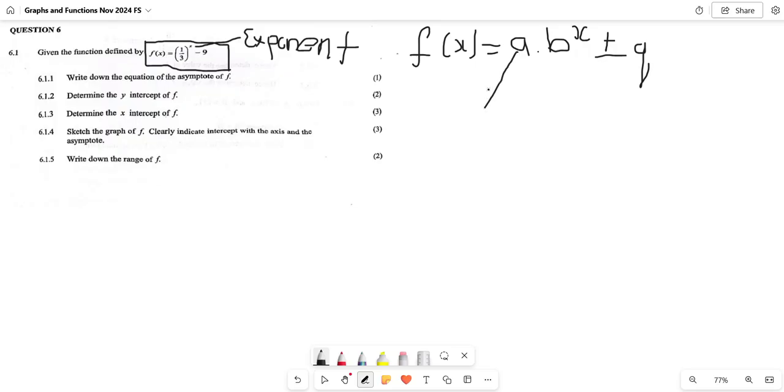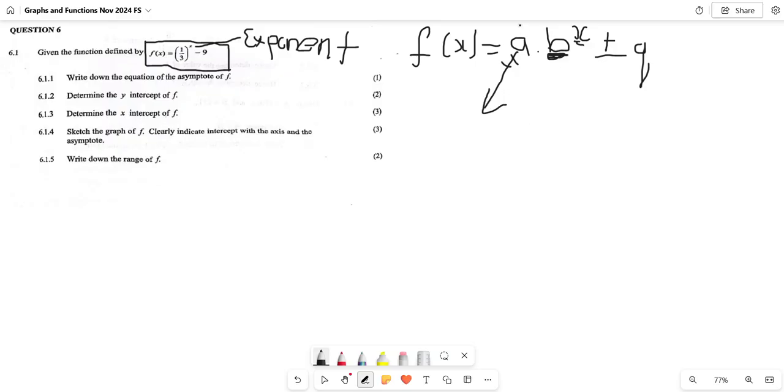Now let's start with parameter a. Parameter a tells us whether the exponential curve will lie above the asymptote or below the asymptote. If the number before the base that carries exponent x is a positive number, the exponential curve will lie above the asymptote.